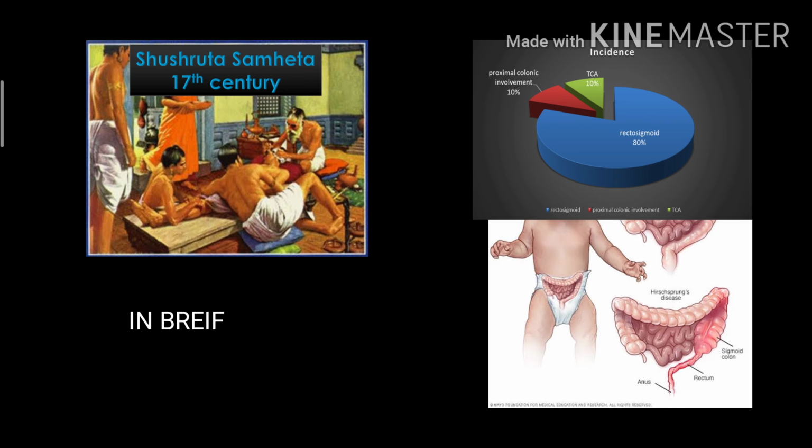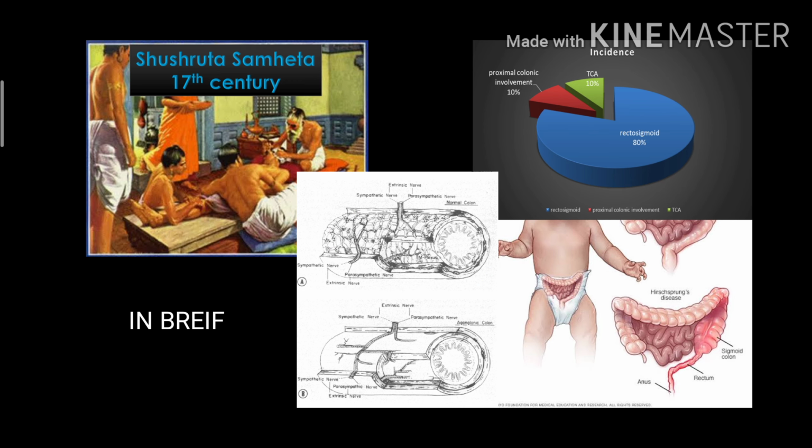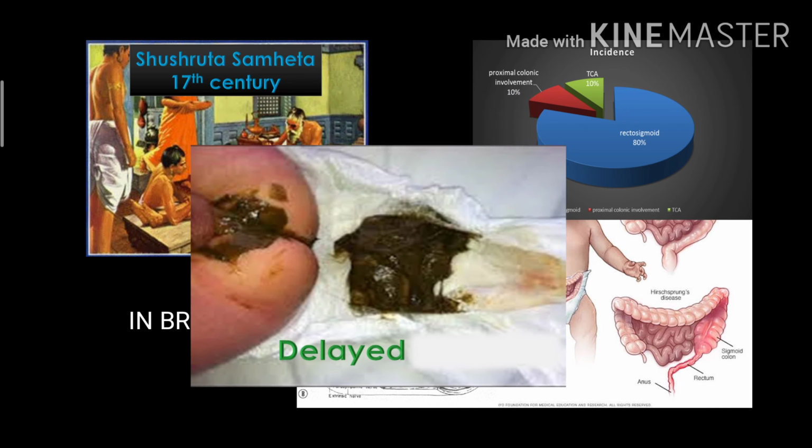If the HD is beyond the rectosigmoid, it is called a long segment HD, and there is another entity known as ultra short segment HD, where there is a problem with the internal sphincter. Then we have discussed the pathology, the absence of the ganglion cells, the absent migration or the less migration of the ganglion cells distally, and the sympathetic ganglia and the parasympathetic ganglia, and the lack of connections.